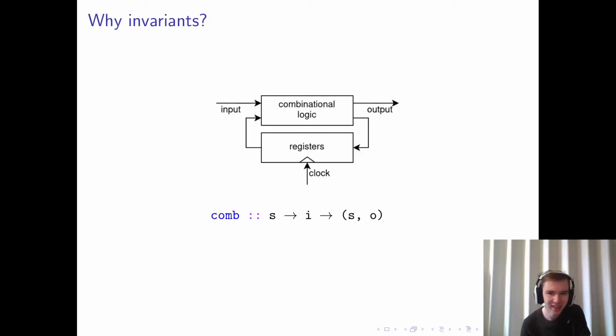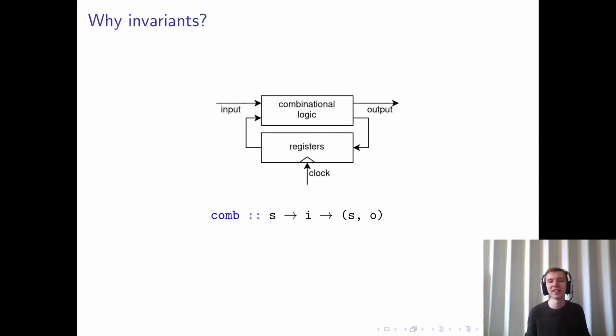So consider this schematic of a sequential piece of logic. In this combinational logic, if we wish to show any adherence to the specification, then we very likely have to use some refinement on the state, on this input state of this combinational logic.